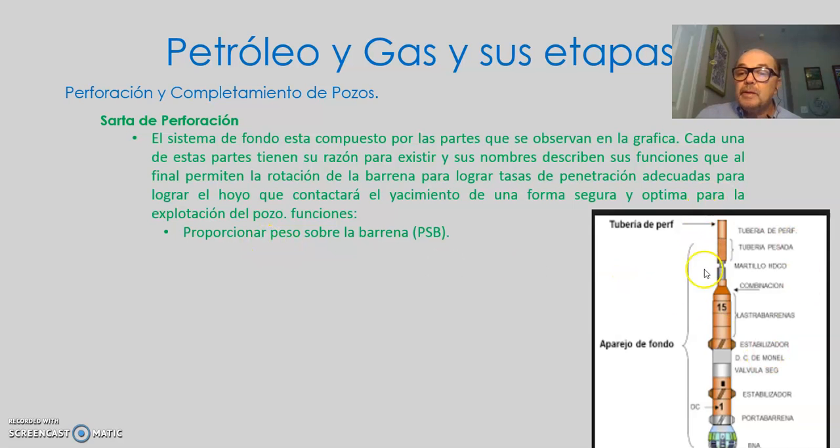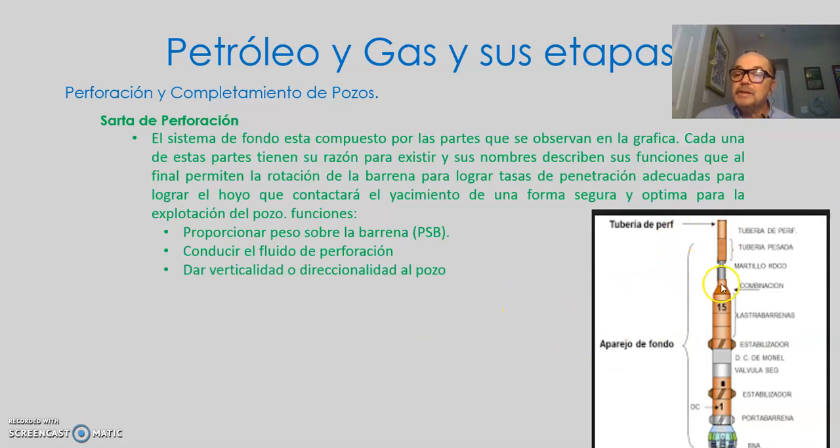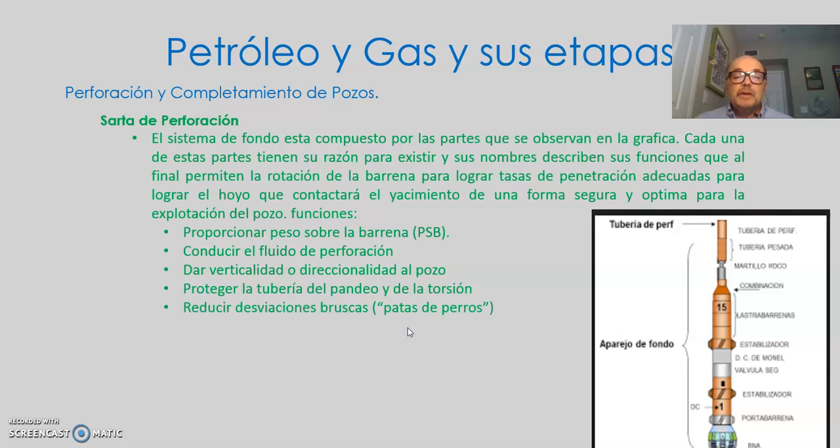So the whole string has some specific functions. We need to put weight on the bit. We need to pump drilling fluid through it. We need to try to make the hole very stable. So as we drill, the string has to be prepared to avoid dog leg.